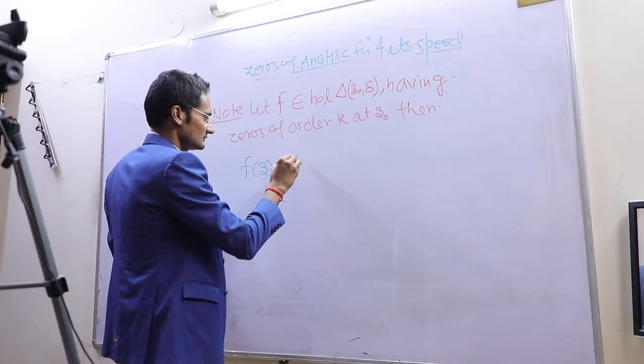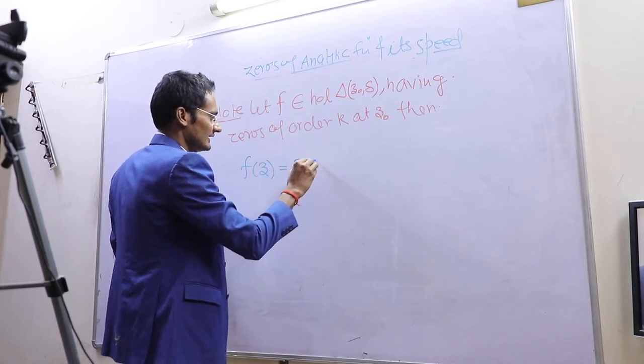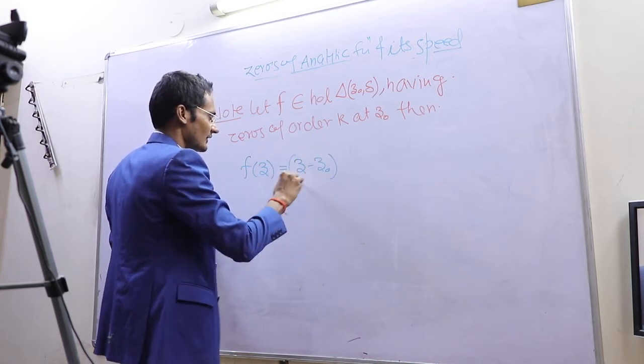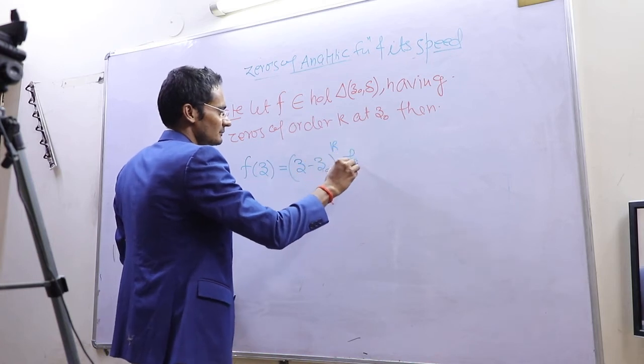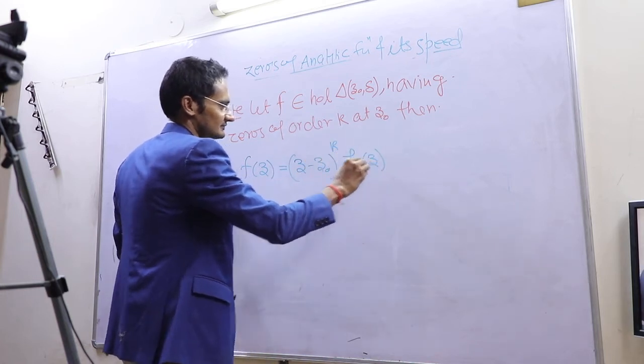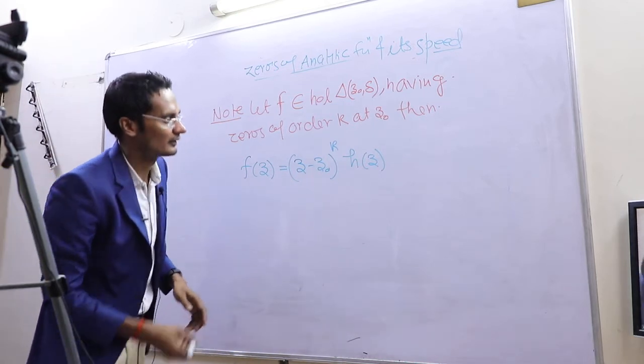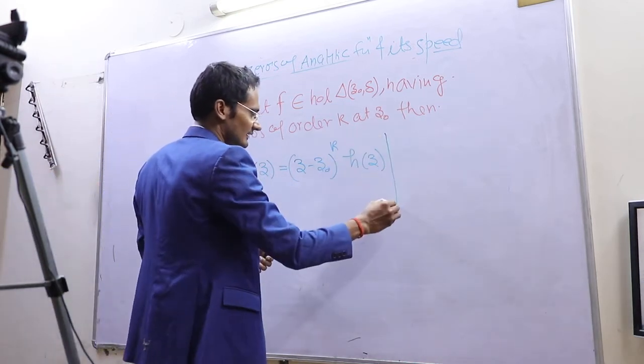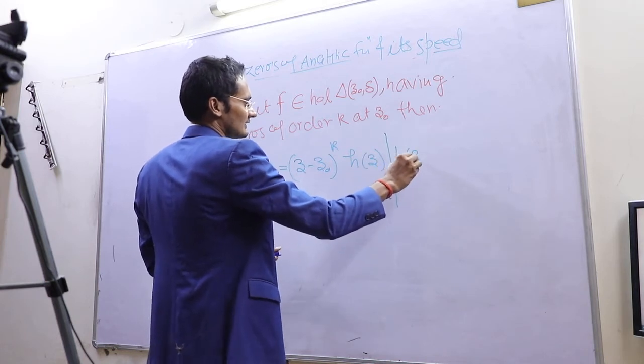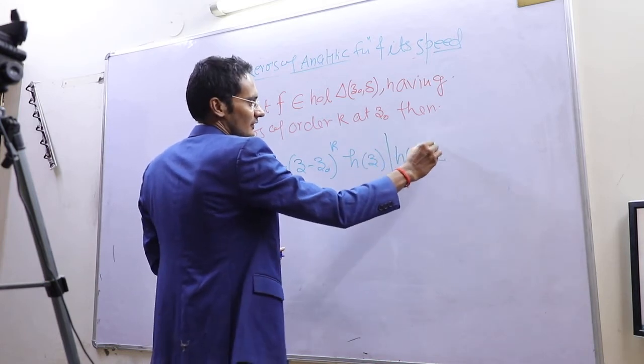So, it should look like (z minus z naught) to the power k into some function h of z, where h of z naught should not be 0.